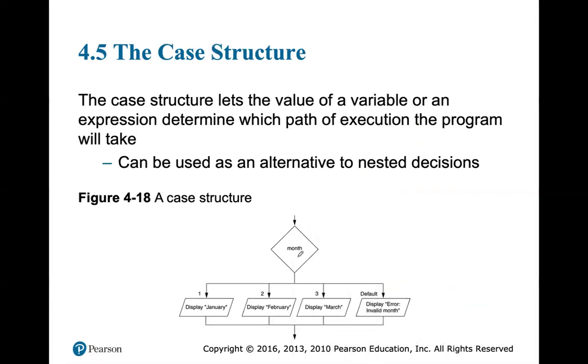Now, this example is very simple. We have a variable called month, and based on which value is stored in that month, for example, if we assigned month the number 1, for right now, we're storing 1 in our variable month.